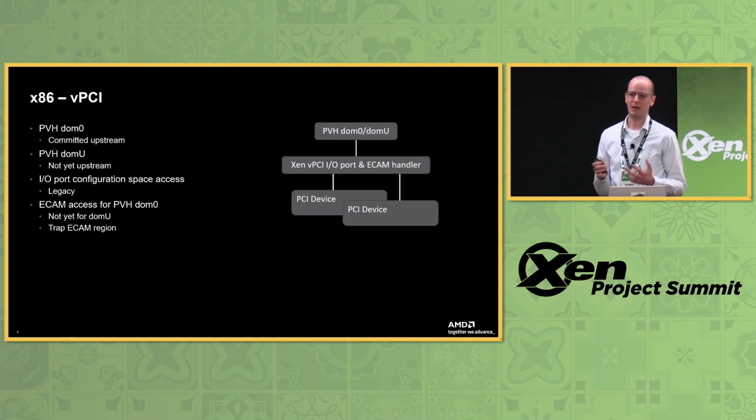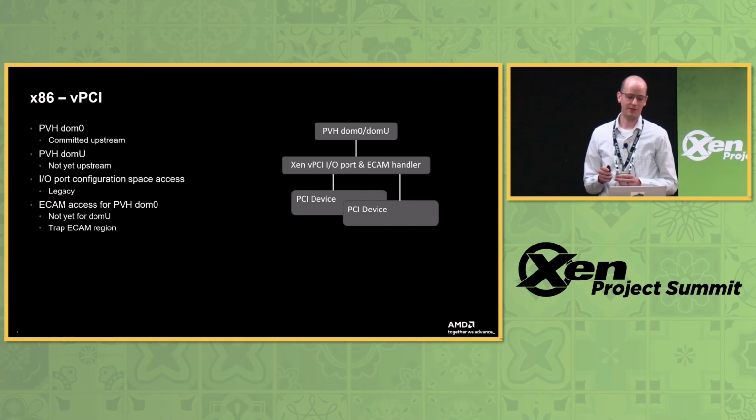So Xen traps accesses to the PCI config space, and so Xen presents a virtual I/O port to the DOM0 guest and DOMU, and this is the legacy way of x86 accessing PCI config space.